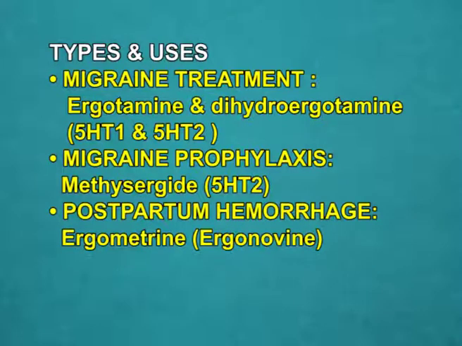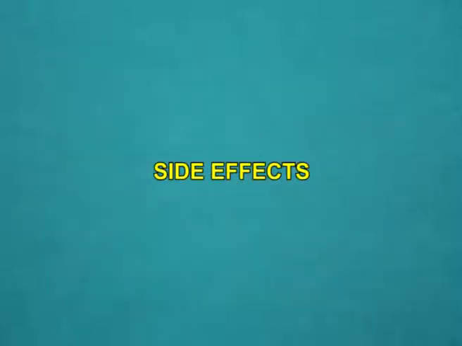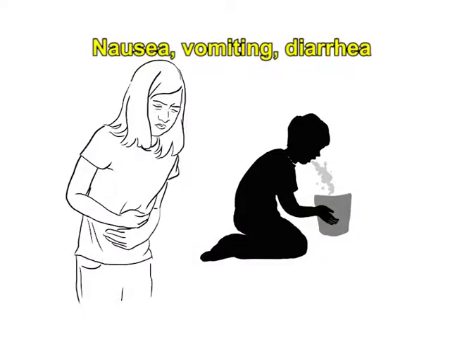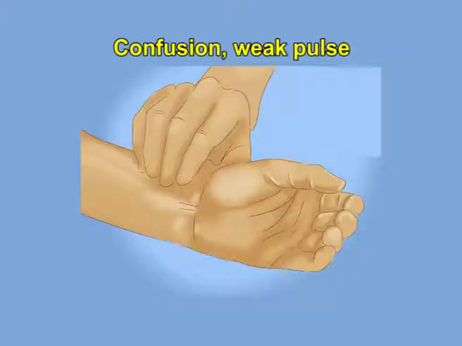Postpartum hemorrhage: ergometrine and ergonovine. In case of Parkinson's disease, we can use bromocriptine as a dopamine agonist. Now we are discussing the side effects. A condition called ergotism may include the symptoms nausea, vomiting, diarrhea, severe vasospasm, gangrene, confusion and weak pulses.